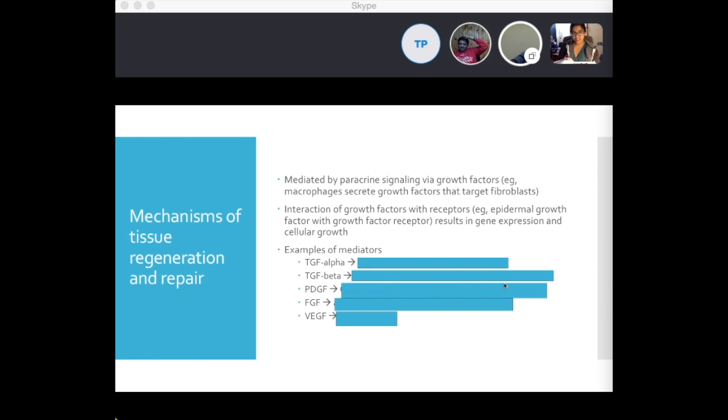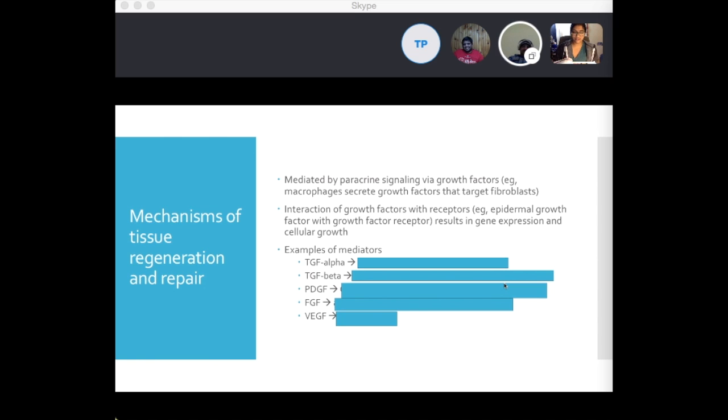So we're going to attempt some examples of mediators and what they mediate. TGF alpha. Does anyone know what growth factors this mediates?